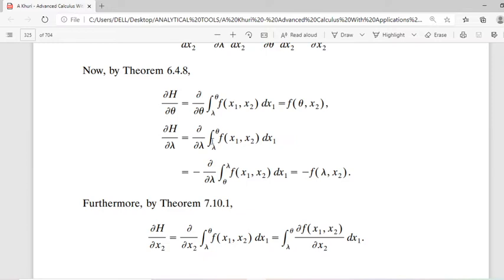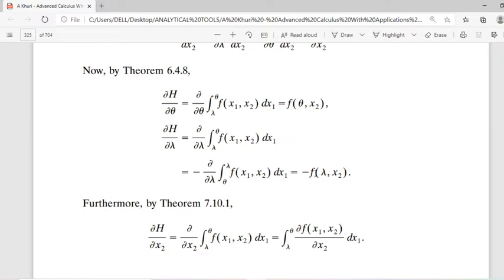Instead of lambda to theta, we can rewrite it as minus integral theta to lambda. If we interchange the range, there will be a minus sign. That result is very trivial, and we can apply the theorem 6.4.8 again for this function, which results in minus f of lambda comma x2.